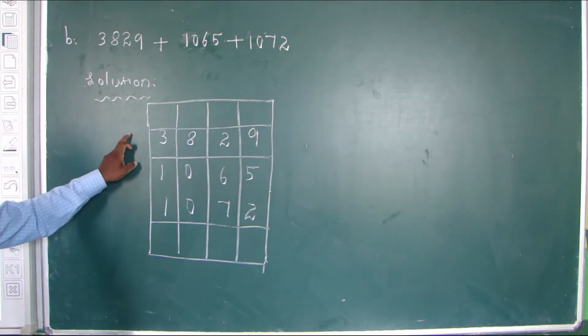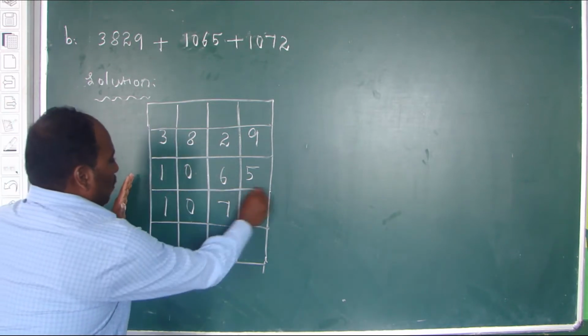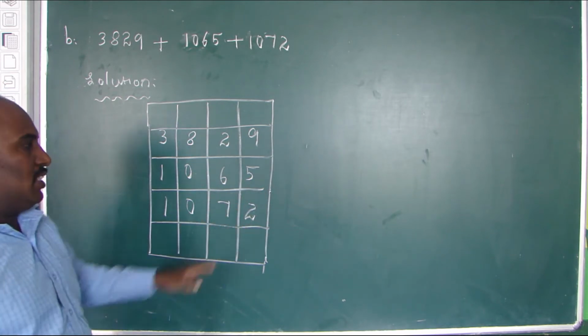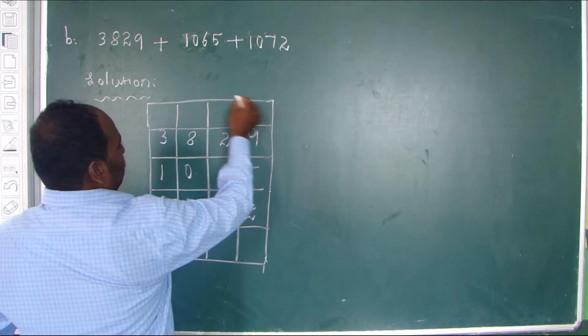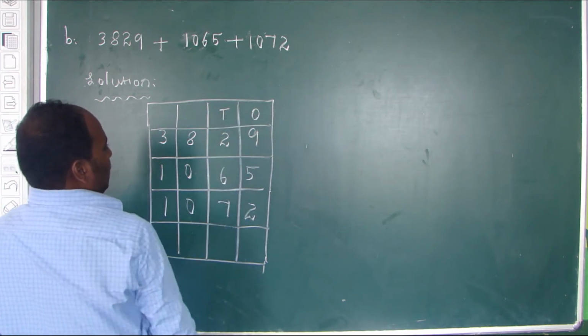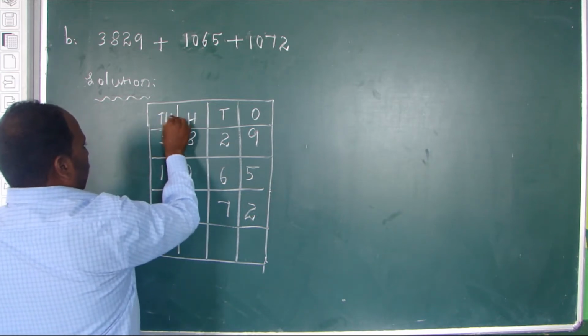The first number 3829. Then second one 1065. Third one 1072. First you write the place value: ones, tens, hundreds, and thousands.